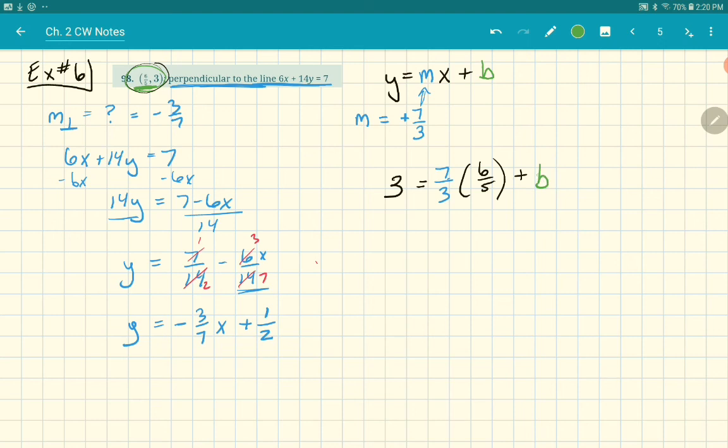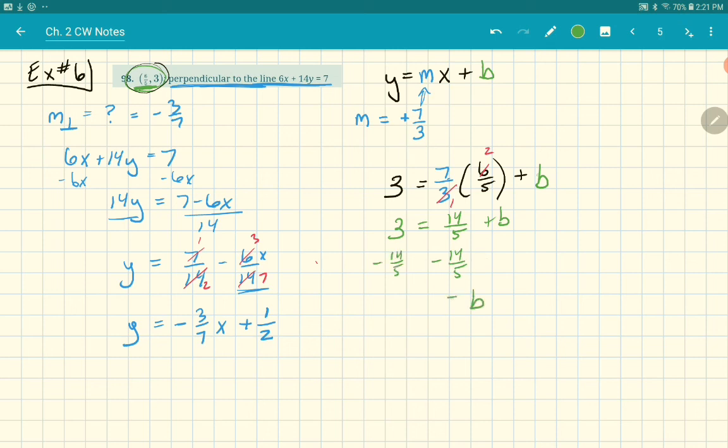Now I can find b just by solving for b. I can reduce before I multiply to keep my fractions smaller, so 3 and 6 cancel to 1 and 2. And I get 3 equals 2 times 7 is 14 over 5 plus b. Then subtracting 14/5 from both sides will give me b.